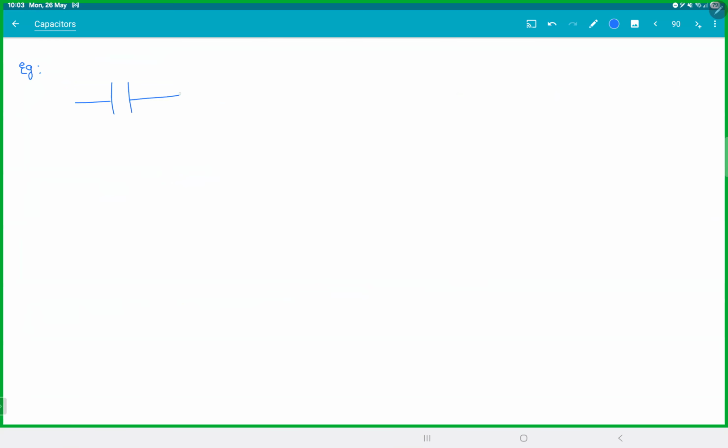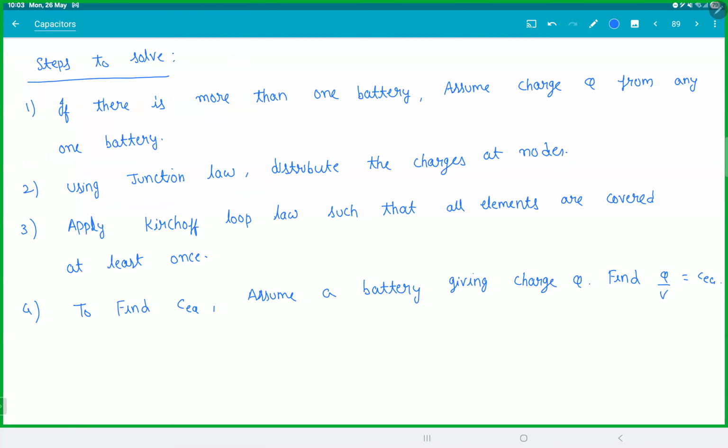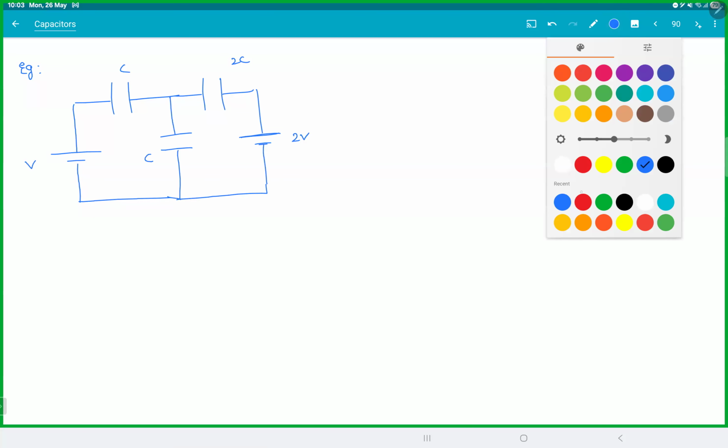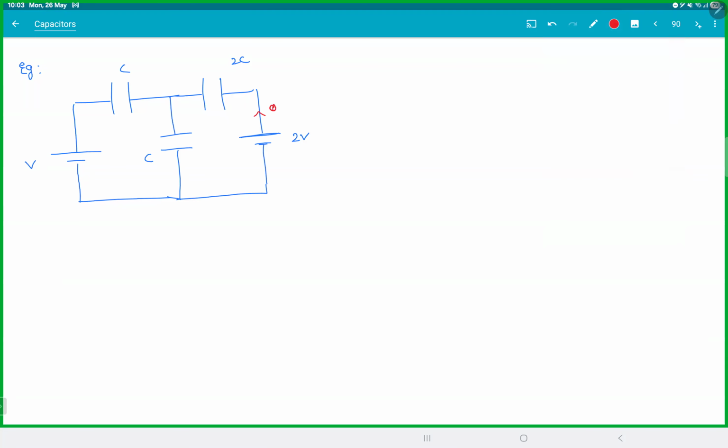I will take the same example which I did for junction law so that we can match the answer. Two V, C, and 2C. Step 1, assume charge from any one battery. I'll assume charge Q is from this battery.